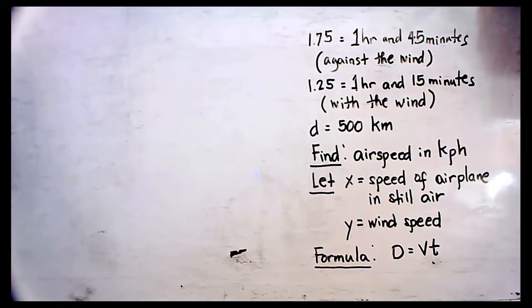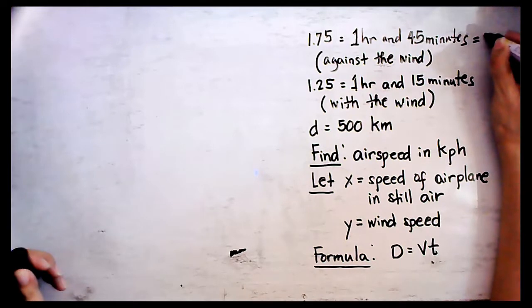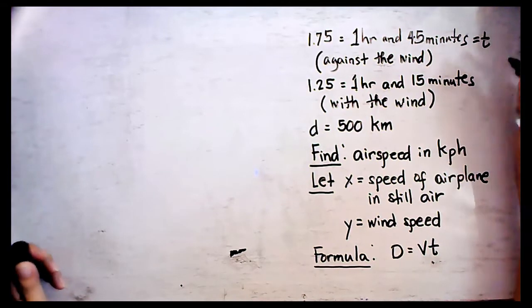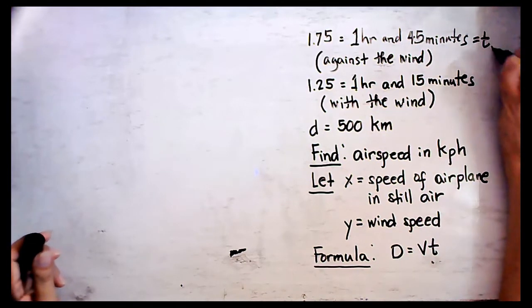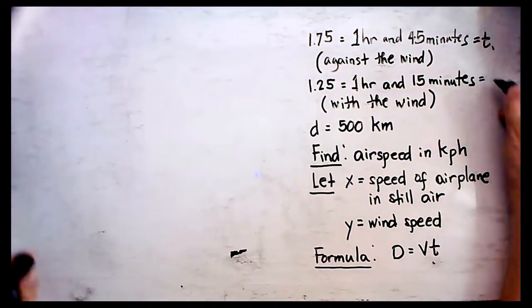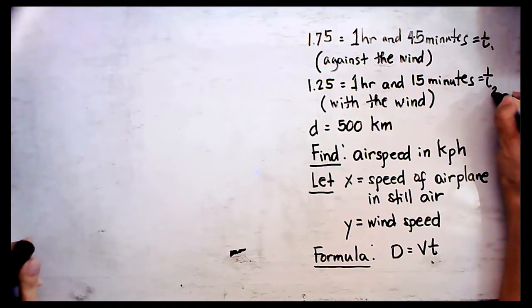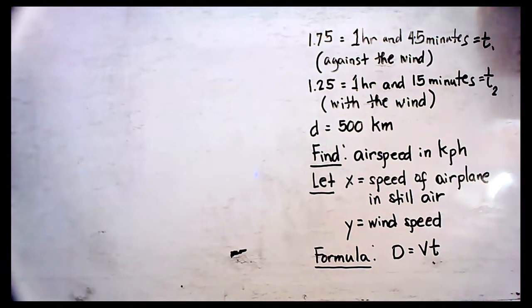If we consider the time it would take for the airplane to travel against the wind, this is one of the times that we have. Let's say this is t sub 1. And then if it is traveling with the wind, the time to cover the 500 kilometers is 1.25. So those are the essential data which we can use in our computation.